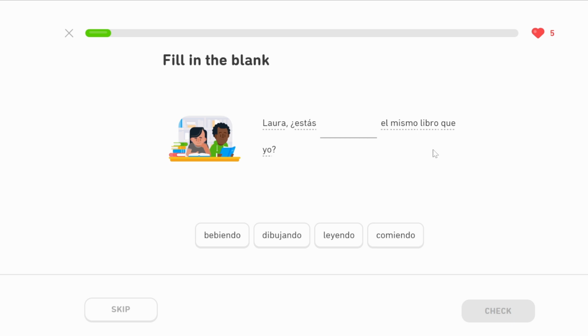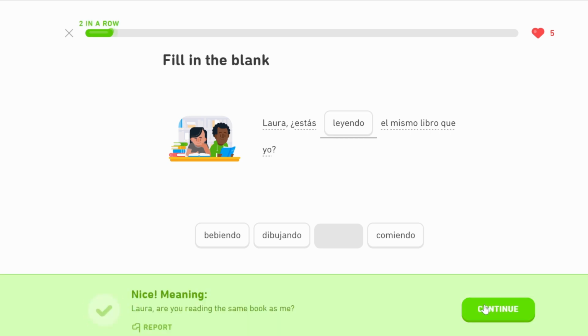Libro means book. And que yo means as me. So are you something the same book as me? We've actually just learnt this word. It's leyendo, which is from the infinitive leer, to read, and it means in the moment, reading. Laura, are you reading the same book as me?